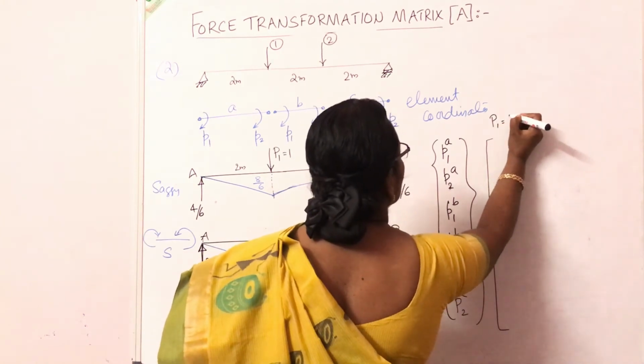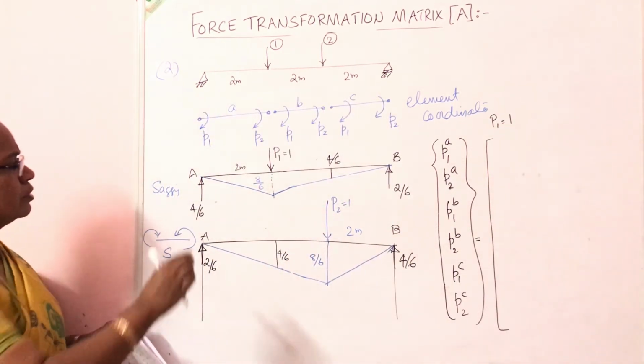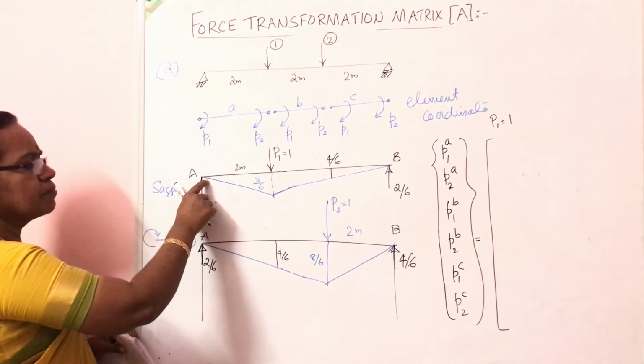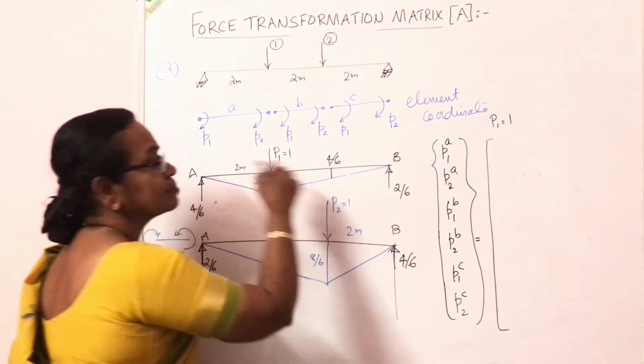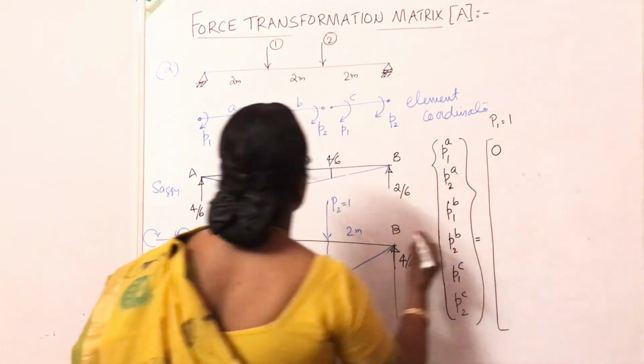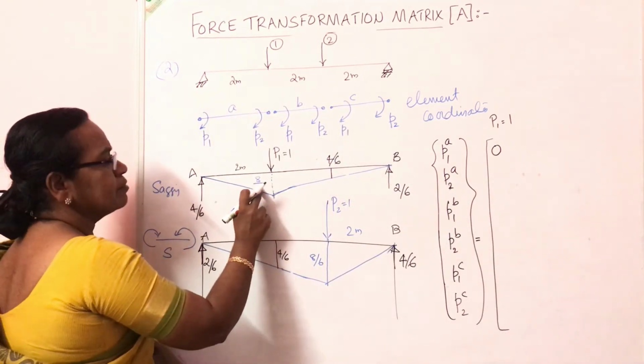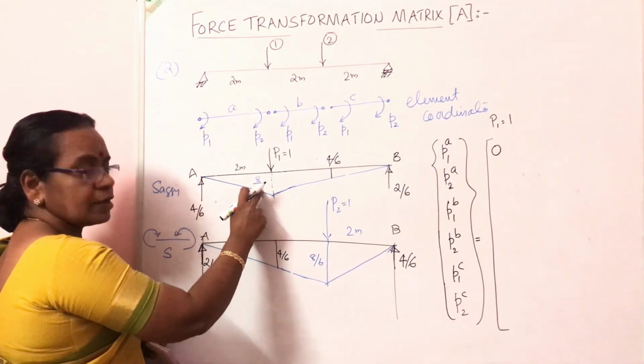When we give P1 equals 1, what are the values? The left edge, this point, P1 of A is 0. P2 of A is, numerically, 8 by 6.